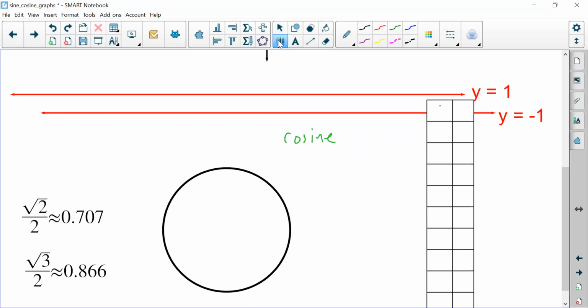So let's start again with my second favorite number, 0. The cosine of 0, well, cosine is x. So what is the x value right here? The x value is 1. So that's our first ordered pair, 0, 1.